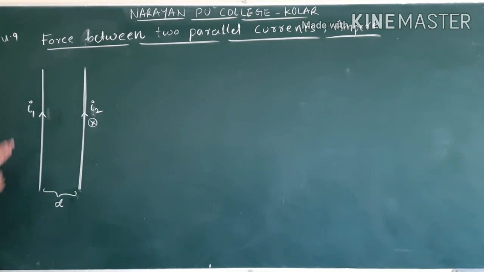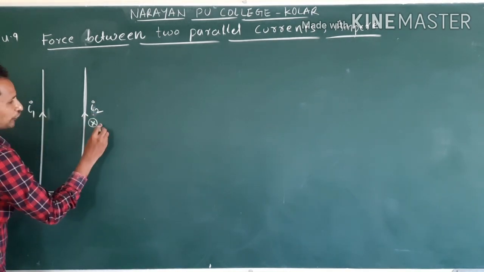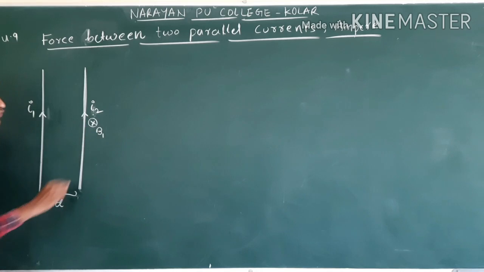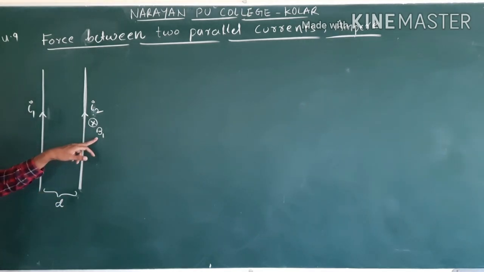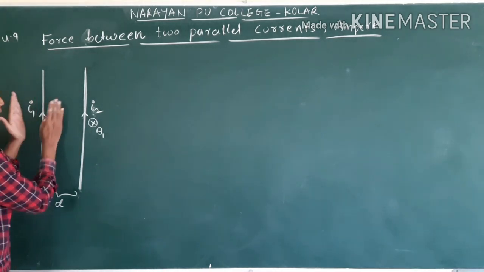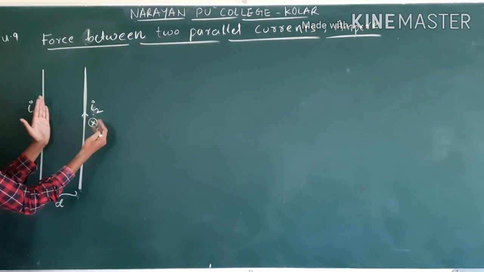Now this conductor develops a magnetic field, which I can write as B1. B1 is the magnetic field produced by the first conductor near the second conductor. Now leave this.